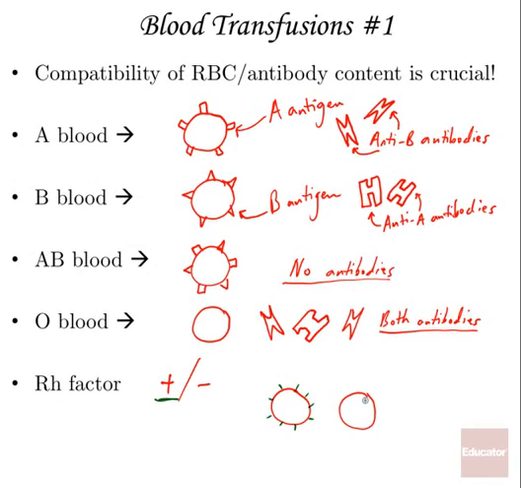If you're Rh negative, you don't have any of them. You don't have that particular antigen. It's the lack of the antigen. That's why it's negative. The way this comes into play is, I told you earlier that AB blood, if you have that, you can be given almost any blood type.